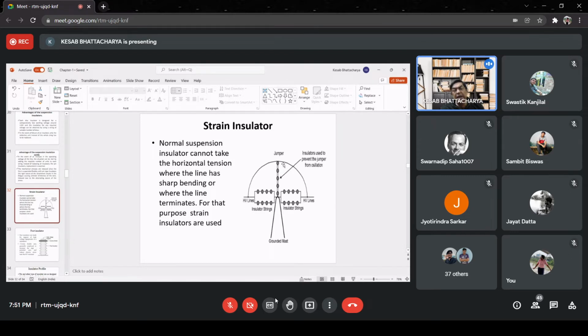If you just leave the connecting wire as it is, then in the case of strong wind or adverse weather condition during a storm, this connecting wire will oscillate vigorously, and if the wind is very strong, it may come in direct contact with the tower body, resulting in a direct short circuit. That is why these jumpers are provided, just to increase the weight of the overall system so that it cannot oscillate so much. This is the purpose of providing the jumpers.